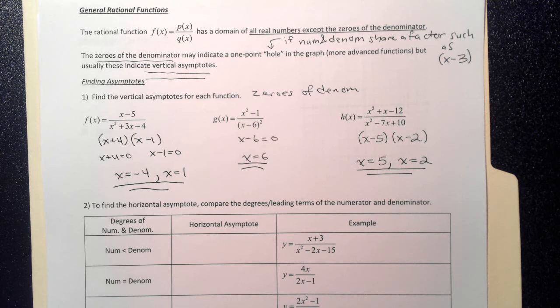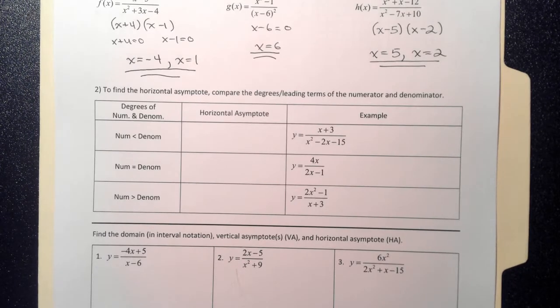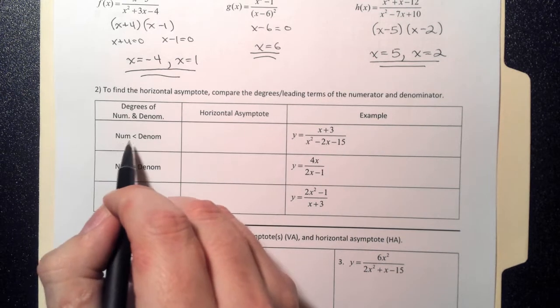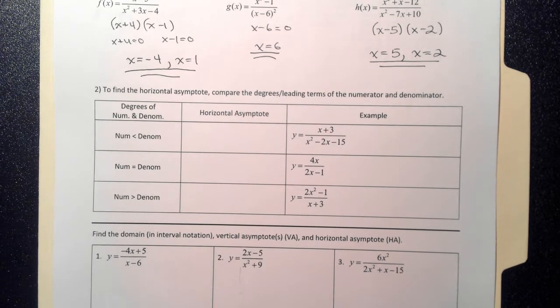To find a horizontal asymptote, don't jump to any conclusions because it's somewhat different than what you might guess. To find the horizontal asymptote, what I'm going to do is compare the degrees or leading terms of the numerator and denominator. So, I have three possibilities. Either the degree of the numerator is less than that of the denominator, the degree of the numerator equals that of the denominator, or the degree of the numerator is greater.